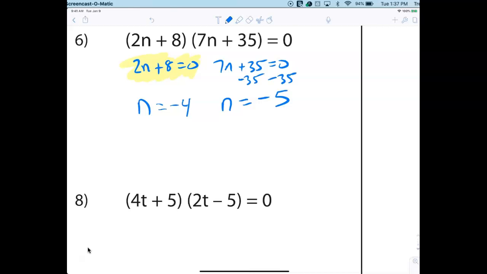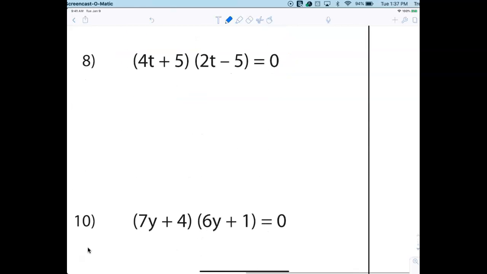Right, you're solving a two-step equation. Number 8. 4t plus 5 equals 0. 2t minus 5 equals 0.